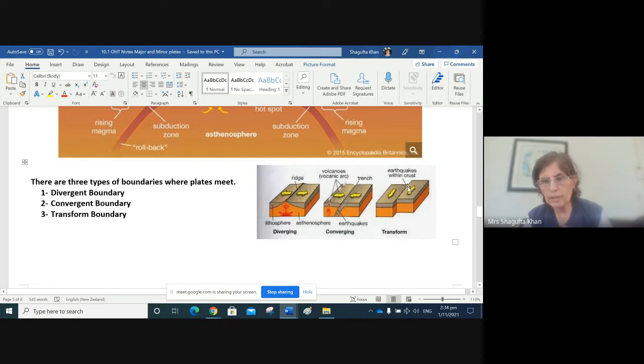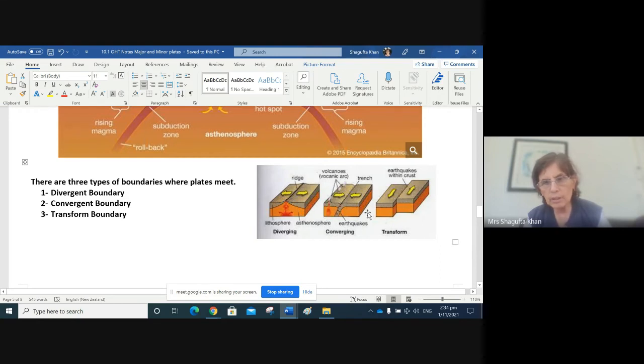One is moving there and one is moving there, and that's called transform boundaries. They're not putting that much pressure, but nonetheless, they're creating a fault, a crack. The San Andreas Fault on the San Francisco side is because over there the boundaries are transform boundaries. One is moving that way, one is moving that way.